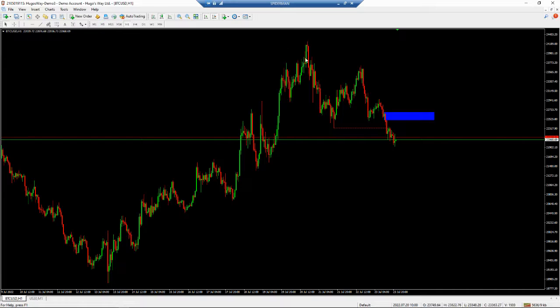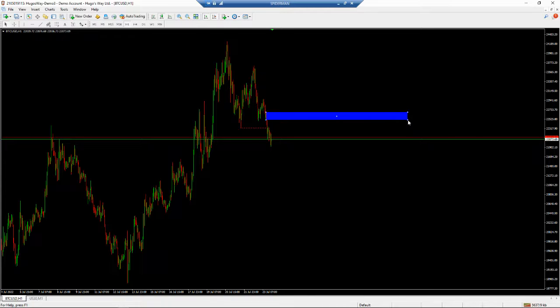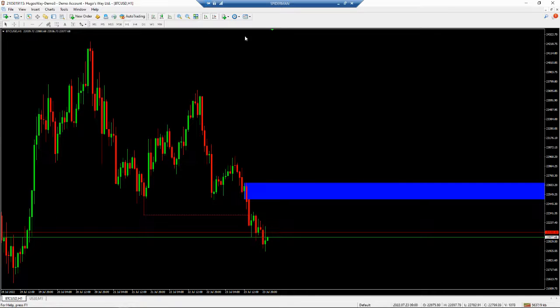Since the price of Bitcoin has been going down and it's still going down, I want to definitely keep that order block in mind. So I'm gonna stretch this order block out here just a little bit more, because at some point it has to come back here, but I don't know at what point it will come back. So I want to make sure I got enough room on it to breathe.